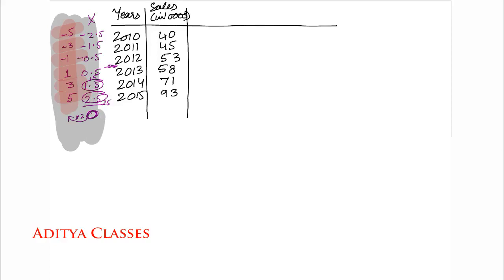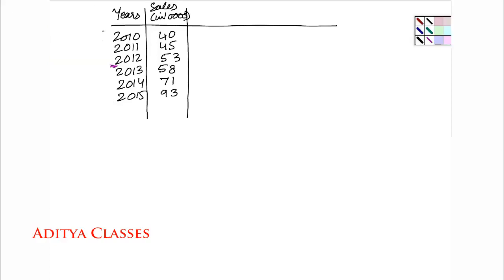Now let us get rid of this and have our actual x value with us. So finally we have decided that I'll represent sales with y, and instead of representing this as x, I'll go with deviations. Deviations here are x, which will become 1, 3, 5.